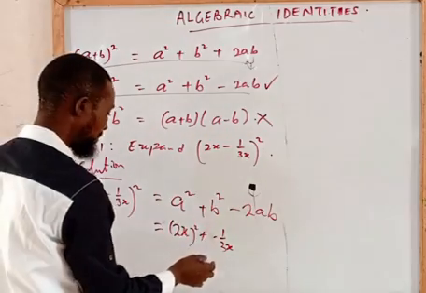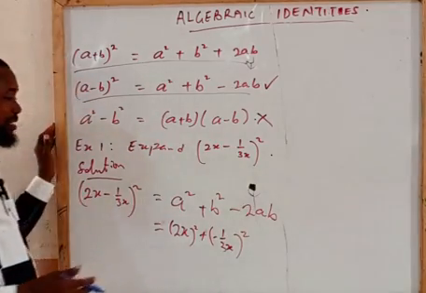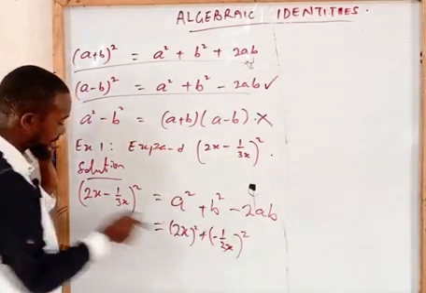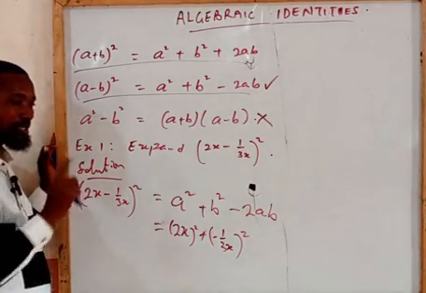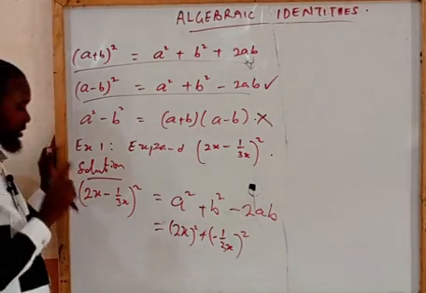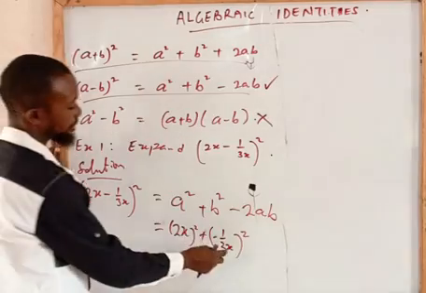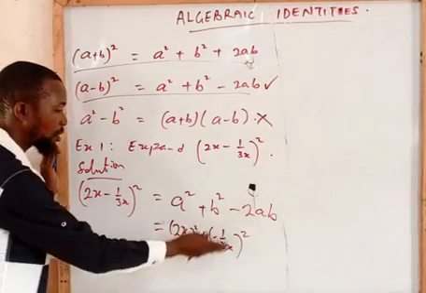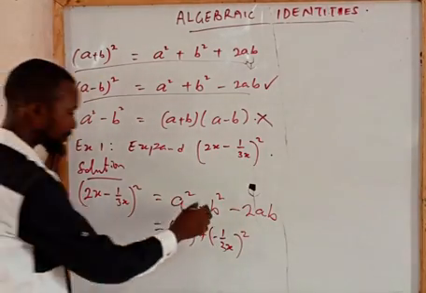So squaring it means I will make use of a bracket in this case, because the second item from this bracket is not just a single value. It is a combination of both number and letter. Failing to use a bracket here may make us miss getting the correct answer.